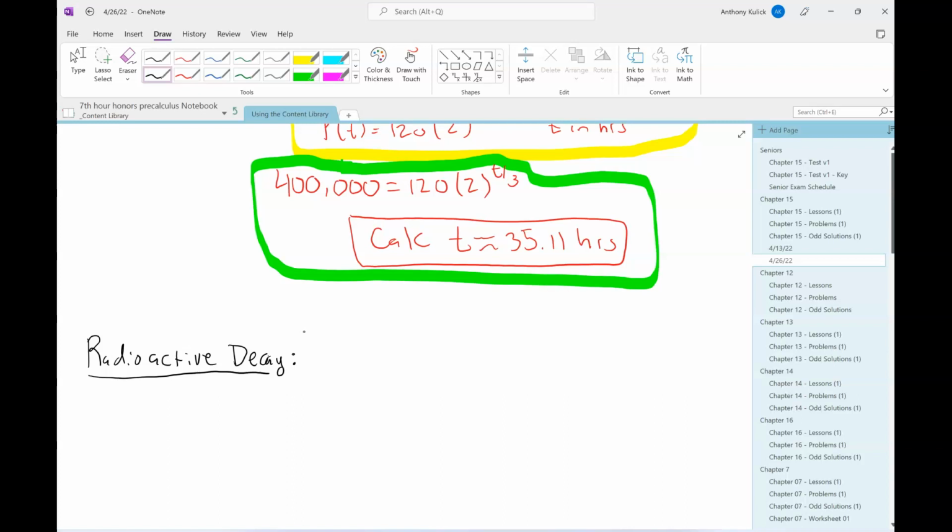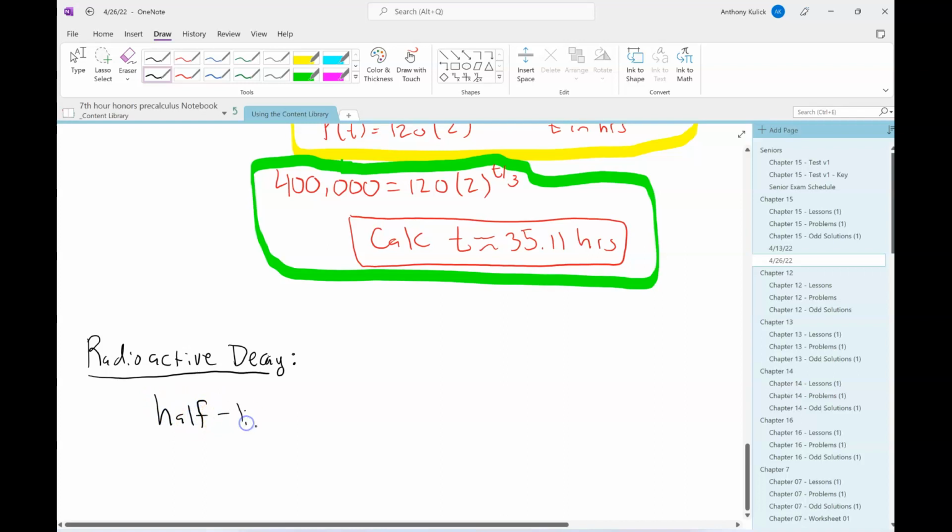Does that sound relatively familiar? Okay. The rate at which that substance gives off those particles to become a new substance is called the half-life. So it's the amount of time it takes for half of the original substance to turn into that new substance.